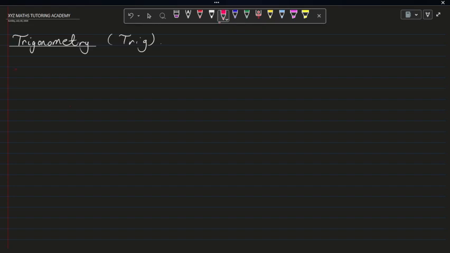In this session, I want us to look at compound angle formulas, and then I also want us to look at double angle formulas.